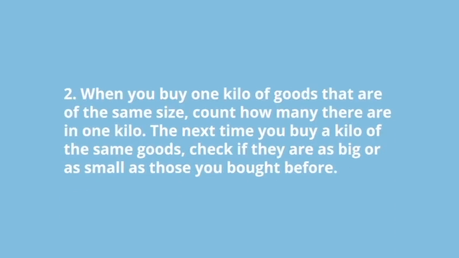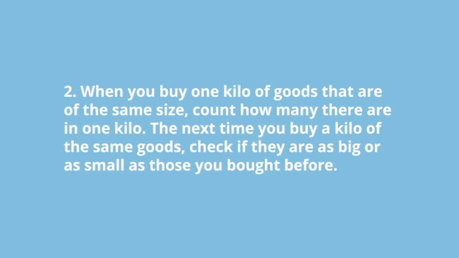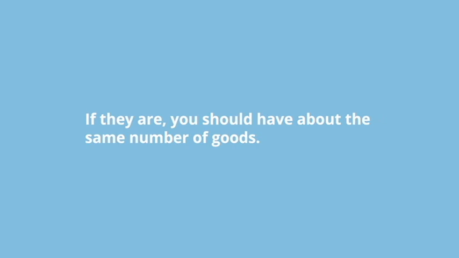Number 2, when you buy 1 kilo of goods that are of the same size, count how many there are in 1 kilo. The next time you buy a kilo of the same goods, check if they are as big or as small as those you bought before. If they are, you should have about the same number of goods.